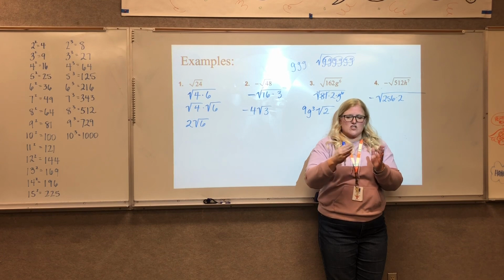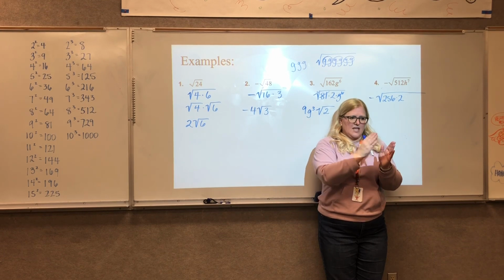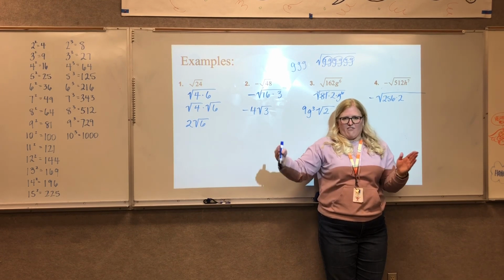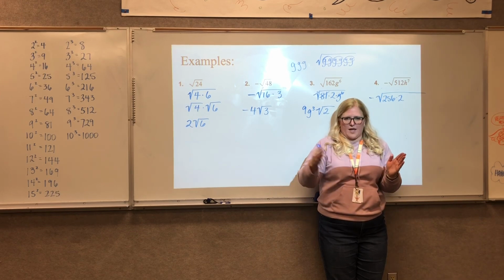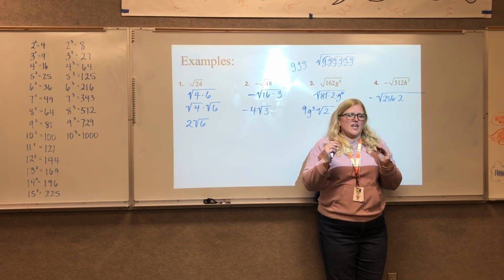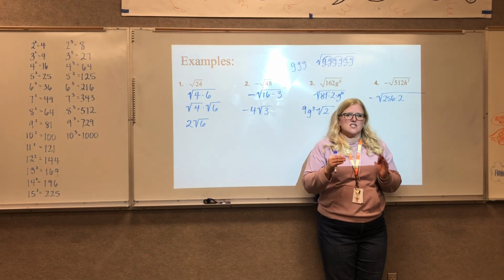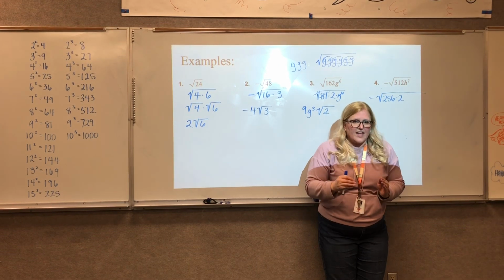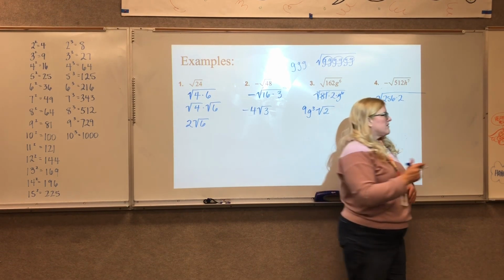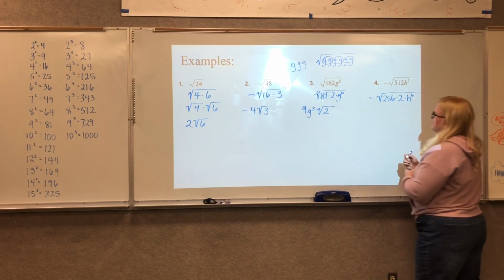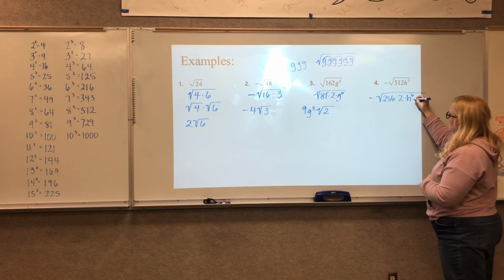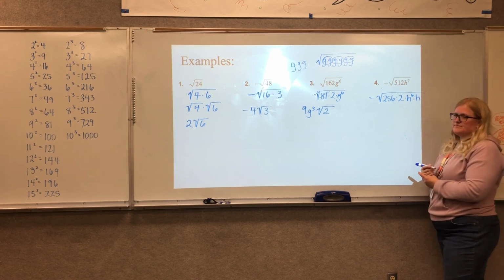Each H is a factor of H to the 7th because they're all being multiplied. So the greatest factor of H to the 7th that is a perfect square is H to the 6th. And then we still have the H that's left.